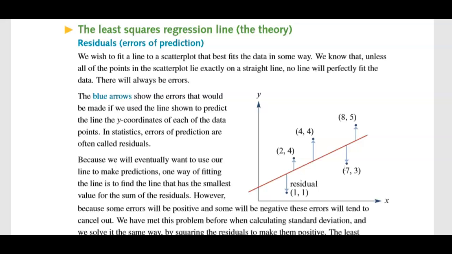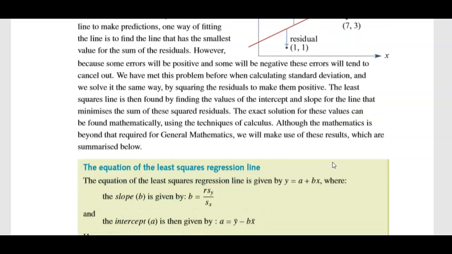Basically, the closer those dots are to the line, the lower your residuals are going to be. When we start doing more on residuals, that will make more sense, but you do need to know what a residual means. The definition of residual is just what's left over. So it's the difference here.